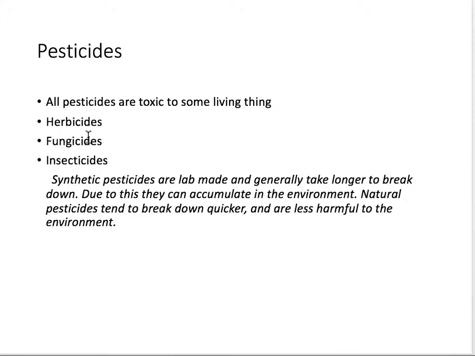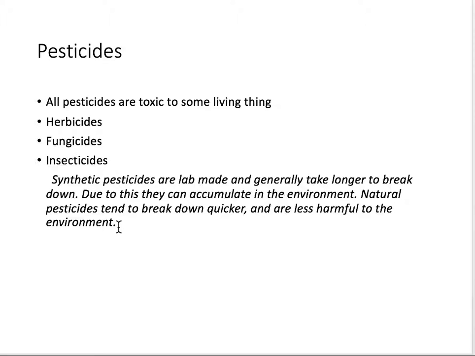So we've got herbicides. They're all toxic to living things. Herbicides, fungicides, and insecticides. So depending on if it's a weed that's affecting a crop or an invasive species of flora, whether it's fauna, small insects, or fungicides, which may be used to get rid of some diseases that are affecting plants.